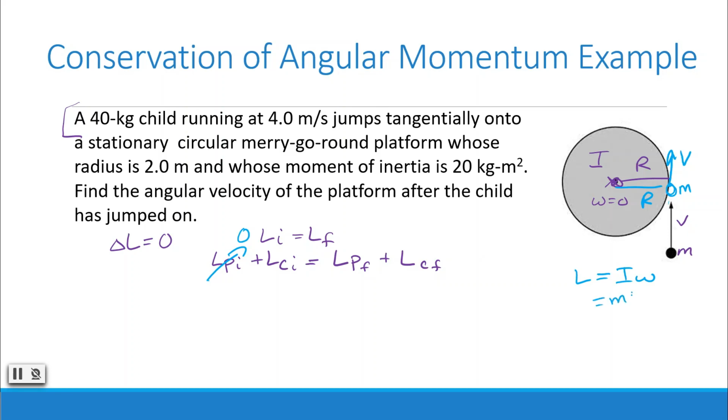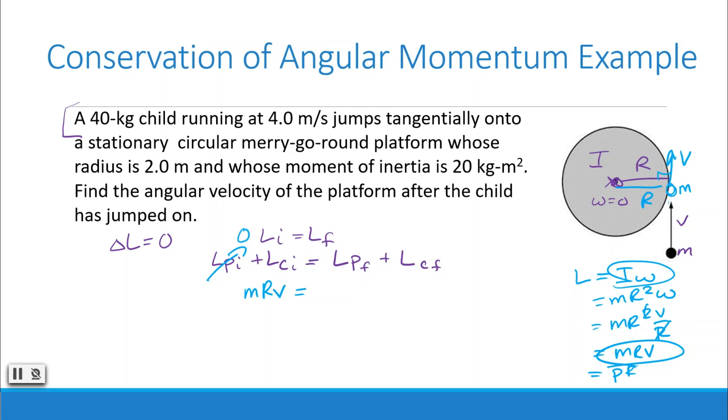Well, it's a point mass, so m r squared times omega, but omega is v over R, so m r squared v over R gives us m r v, which is the same thing as our linear momentum times R, which we looked at before. So our point mass can be defined as mrv or mvr, or as I omega. Either way, it is based on m times r times v, because this is a 90-degree angle. So we have m r v at the start.